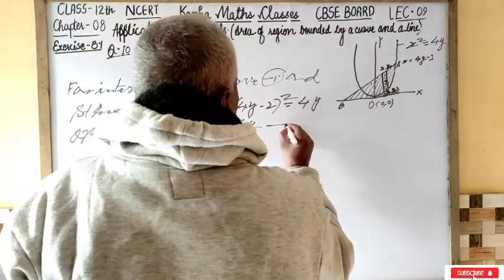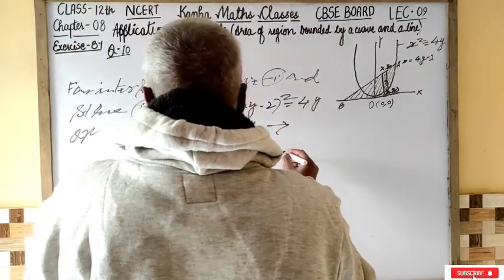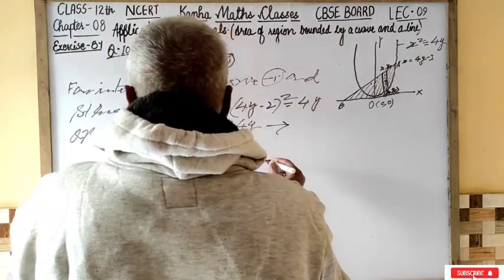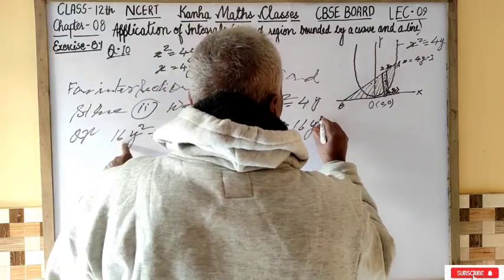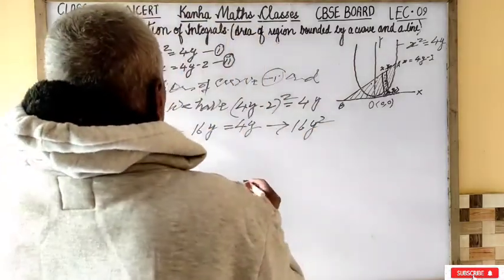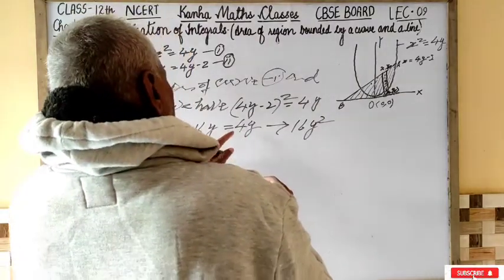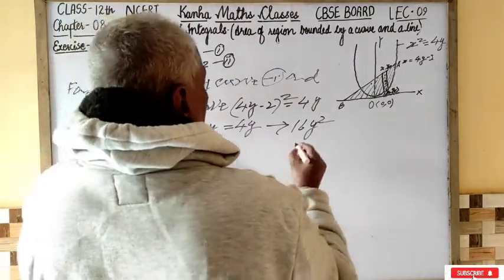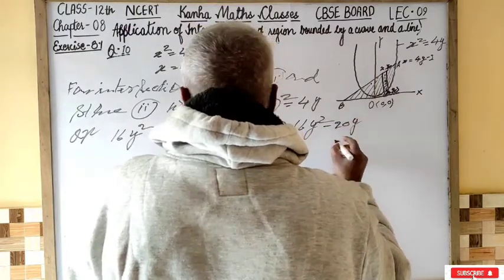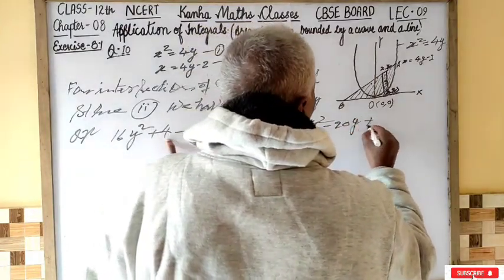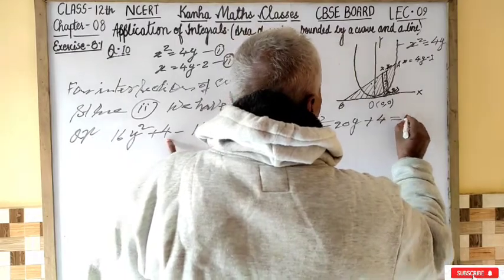By transferring, we will have 16y square minus 16y, again transferring this becomes minus 4y, means minus 20y, plus 4 is equal to 0.